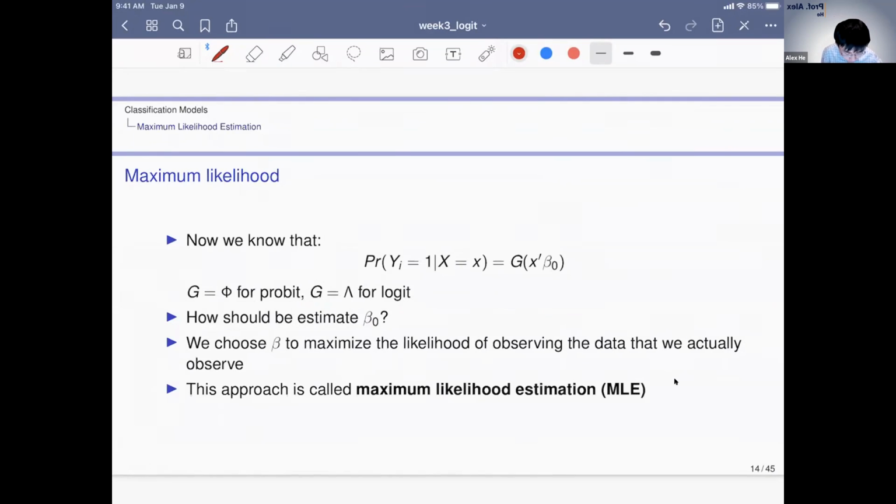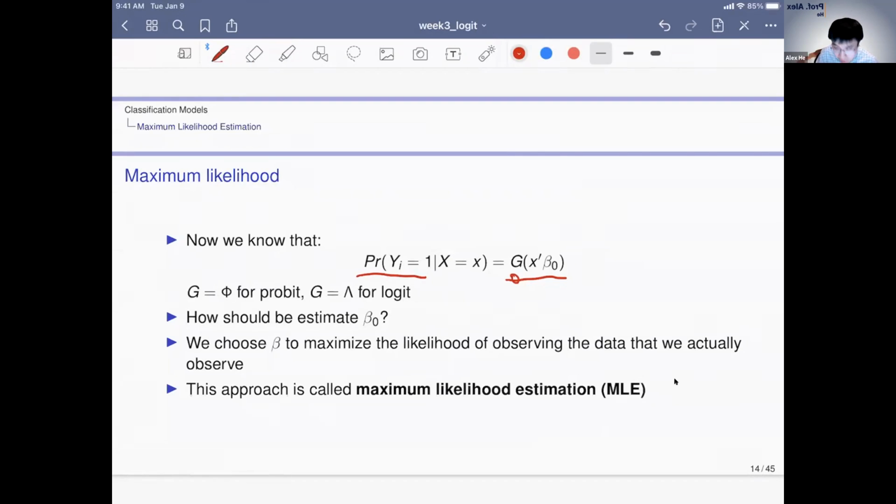Okay, so for both logit and probit, we have the probability of y equals a nonlinear function of beta x. We're just calling this nonlinear function g. So this is kind of generic. It can be any nonlinear function that is increasing in x and takes values between 0 and 1.